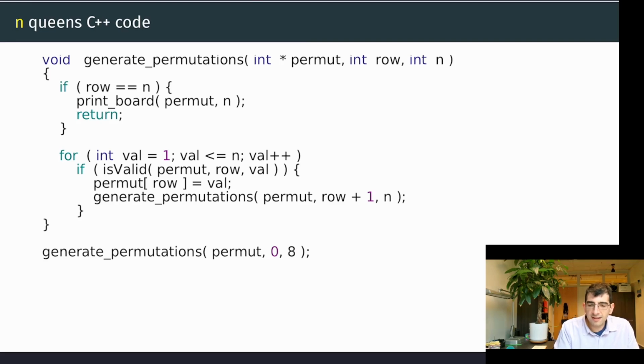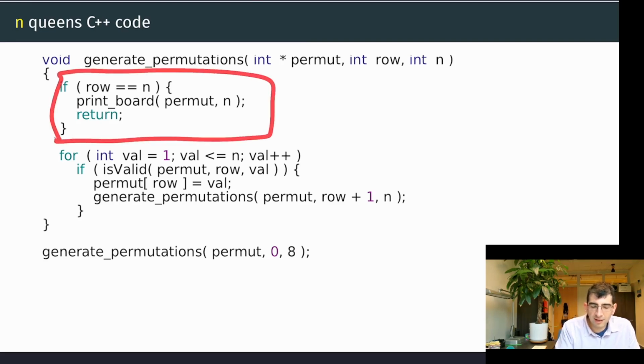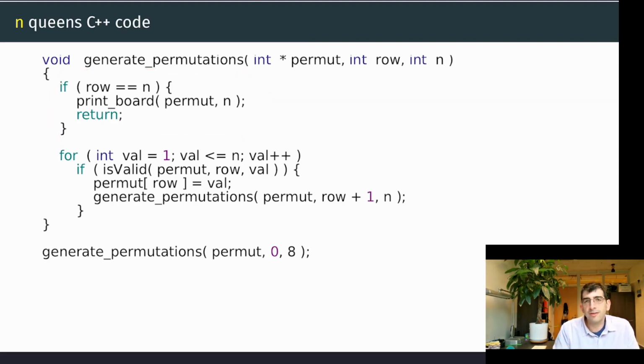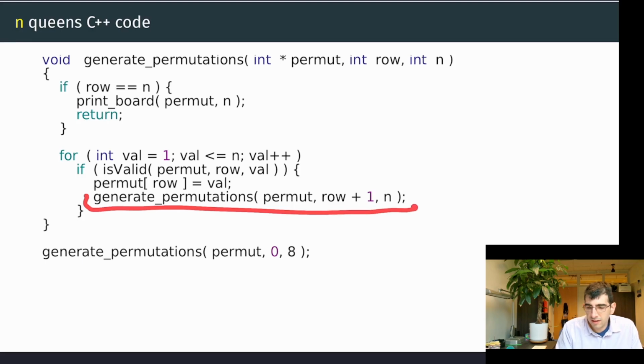But on the other hand, if we don't meet this condition, then it means that we're still constructing our board. If we're constructing our board, we go through every possible column value. We know what row we're putting the queen on, so we assign this column value to the row, and then we recursively call this function.